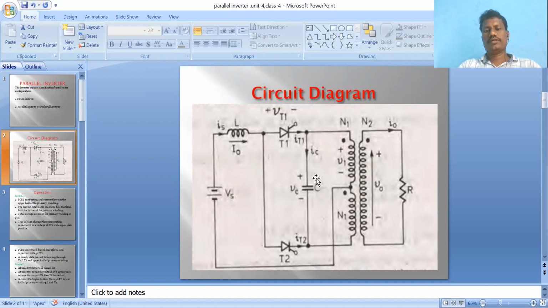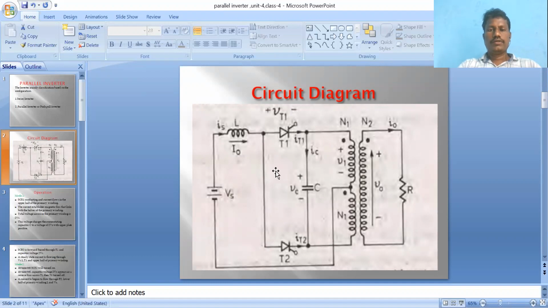Why? Because the capacitor is connected in this circuit as shown. Clear? This parallel inverter is also called a midpoint converter because the primary of the transformer is at the midpoint or center tap.